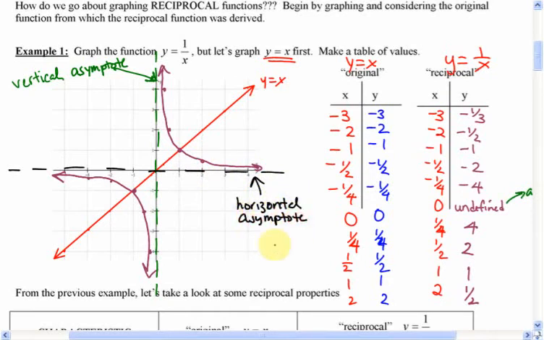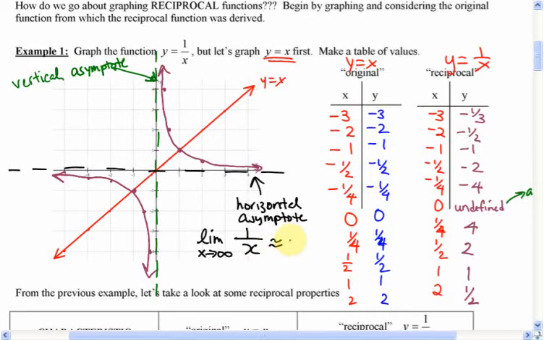Let me just quickly show you, and this is not part of the section, but I did show you this earlier. Remember we take the limit as x approaches infinity of the function 1 over x. So let's think about this. If I were to plug in a very, very big number for x into this reciprocal function, what's 1 divided by a very, very, very big number? Almost close to what? 0.